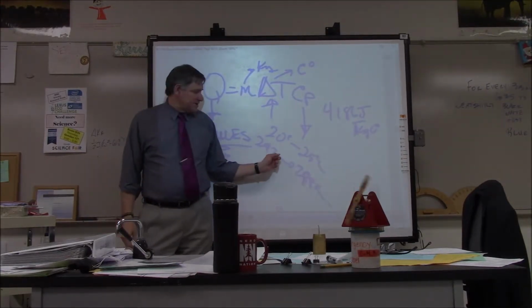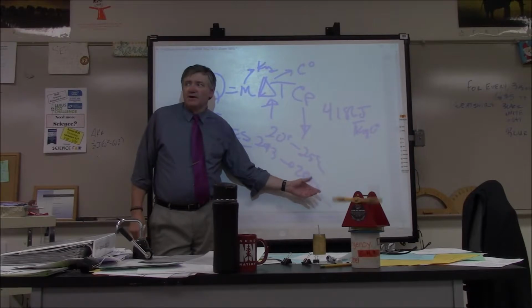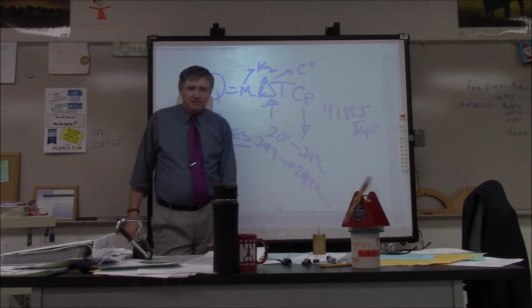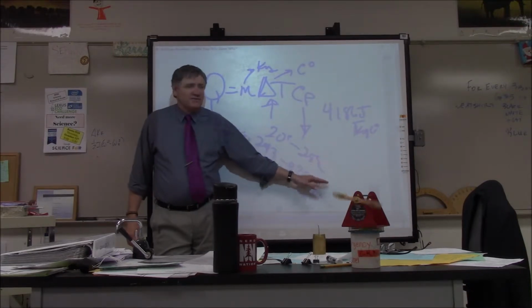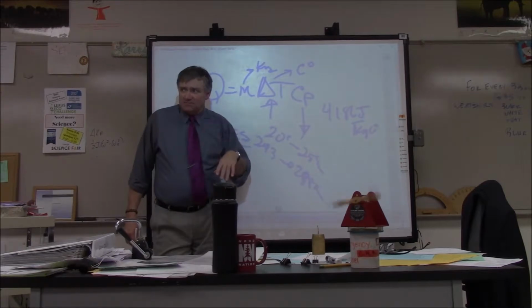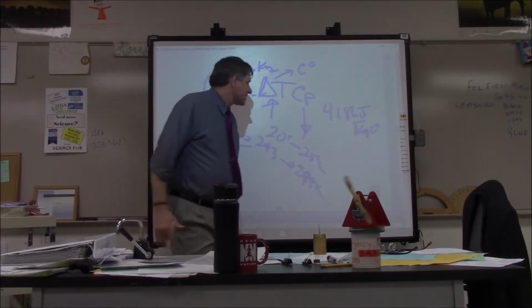So if I go from 293 Kelvin to 298 Kelvin, that's 5 degrees. If I go from 20 degrees to 25 degrees Celsius, it's 5 degrees. So it doesn't make any difference which scale you're working in, because it's the change in temperature, not the temperature.